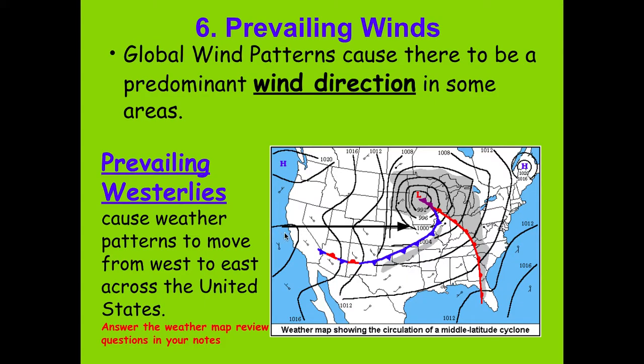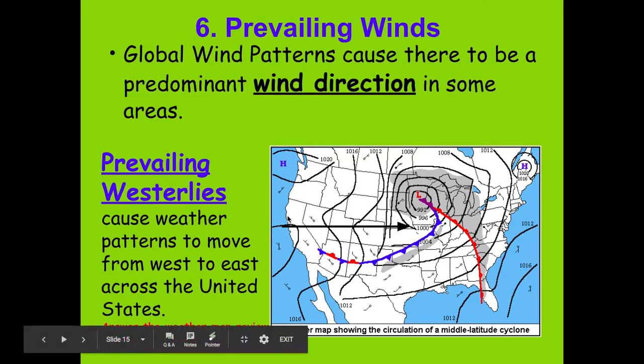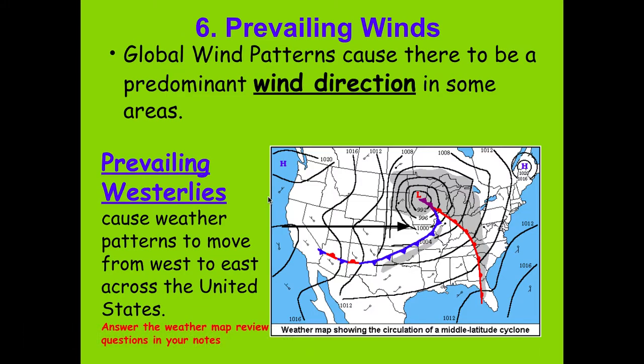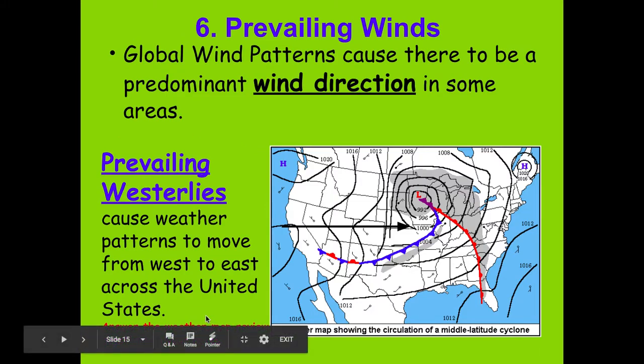They're being pushed by the prevailing westerlies because they come from the west. So this is where low pressure systems move toward. Usually it's going to move this way. And we don't have a question on that, so please disregard this little thing here.